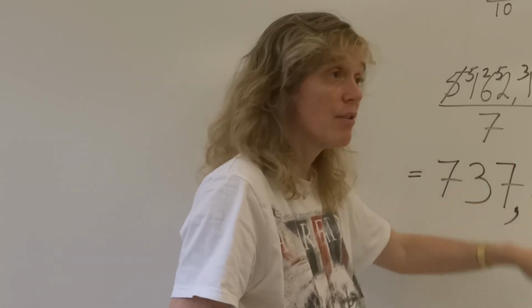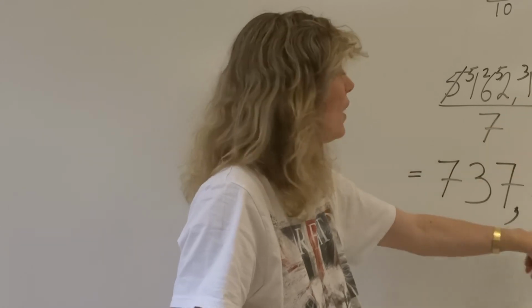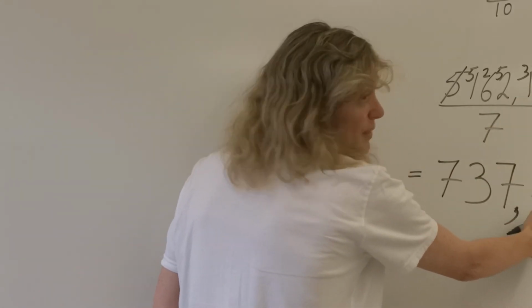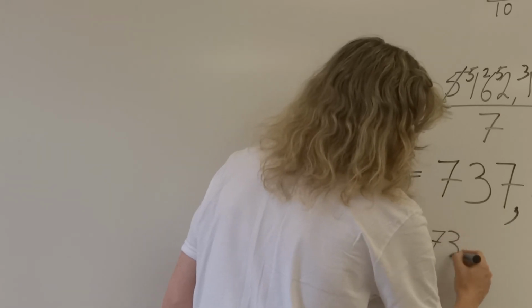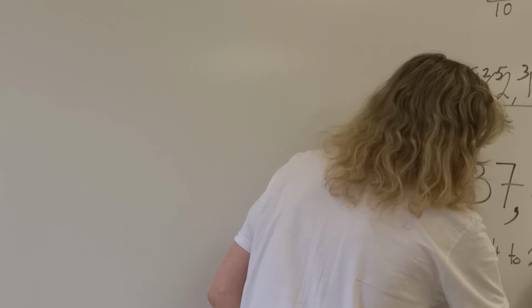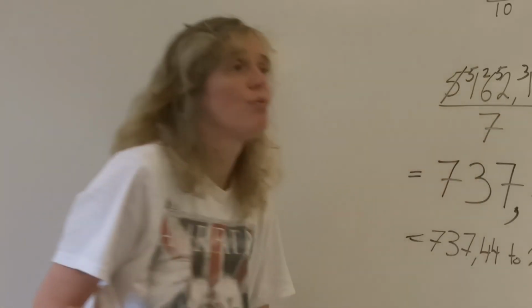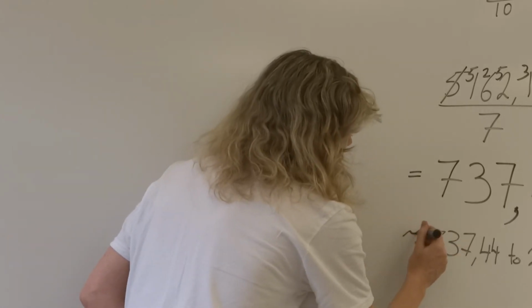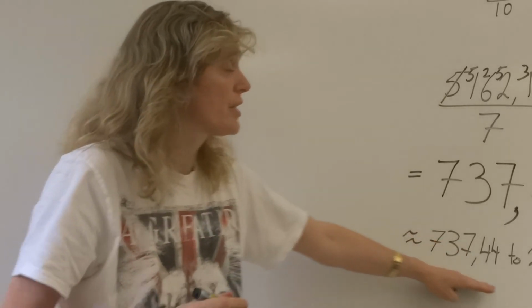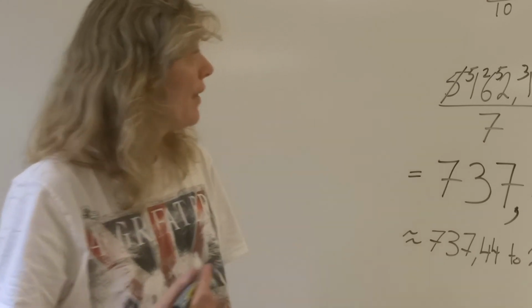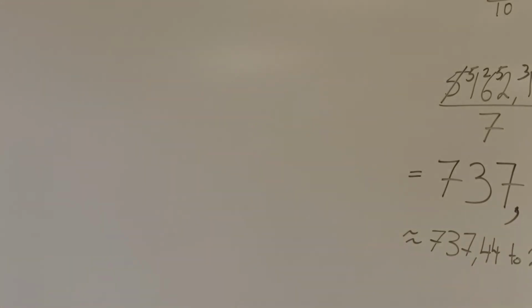If it's a 0, 1, 2, 3 or 4, this number stays the same. Giving us, because it's a 2, that number stays the same, 737.44 to 2 decimal places. And we write it like that. We're telling the reader that we've approximated this to 2 decimal places. Okay? And that's how we do division with and without decimals.